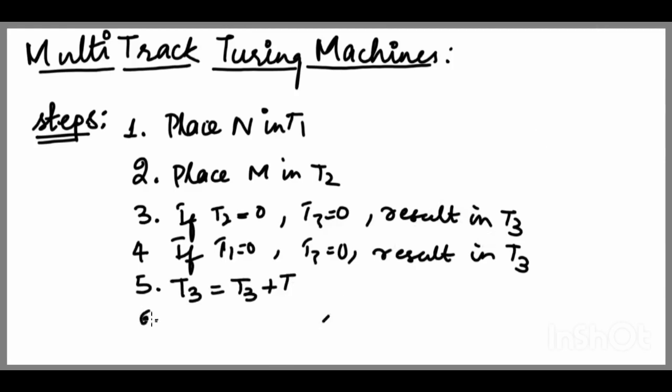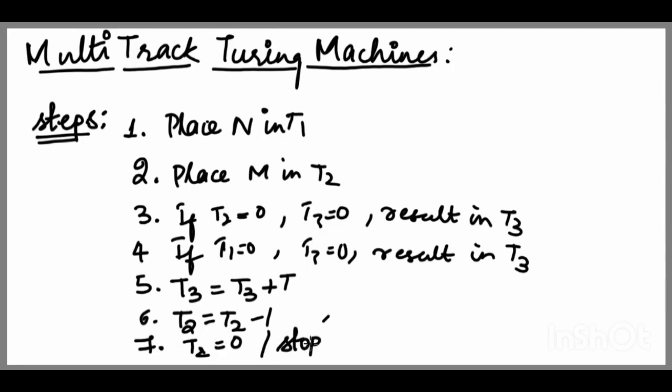In the sixth step, we decrement the t2 value by 1. And finally, the last step would be if t2 equals 0, we finally stop.